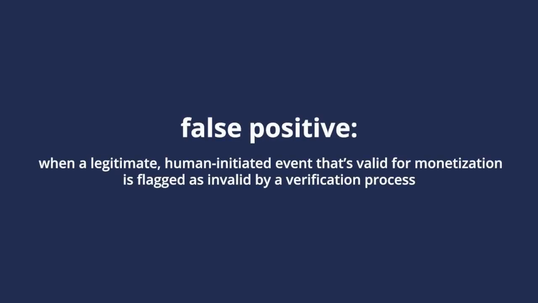So I've been hearing a lot about false positives popping up occasionally. Can you tell me what is meant by a false positive? Yeah, in the verification context, a false positive is when a legitimate human-initiated event that's valid for monetization gets flagged as invalid by a verification process.